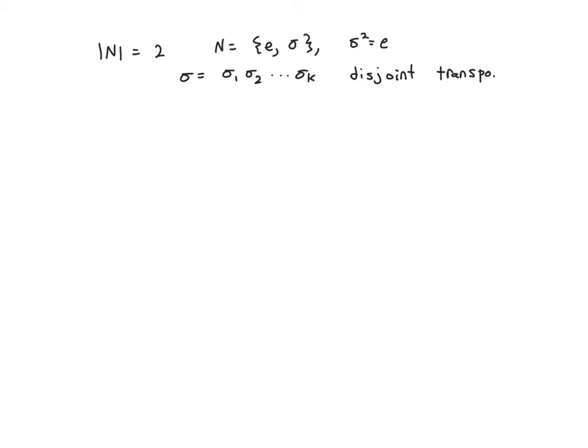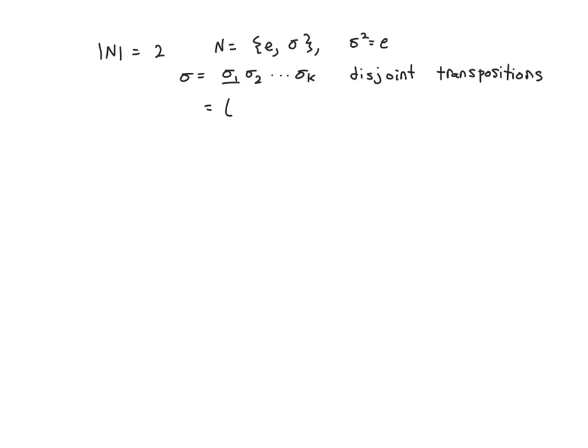So, if N has size 2, then N must have the identity element and some permutation which squares to the identity, which means that it is a product of disjoint 2-cycles, disjoint transpositions. But it's not hard to see that there's no way that that is going to be normal as well.